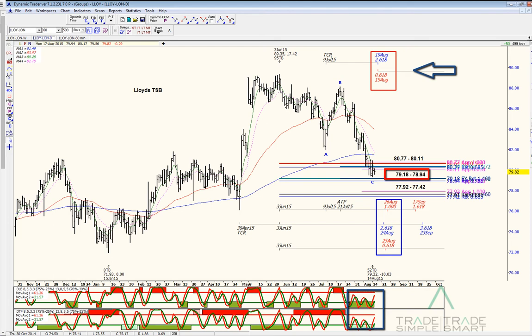So a high probability reversal zone of 79.18 to 78.94, and the high probability reversal dates are from the 18th to the 20th of August, and also the 24th to the 26th of August.